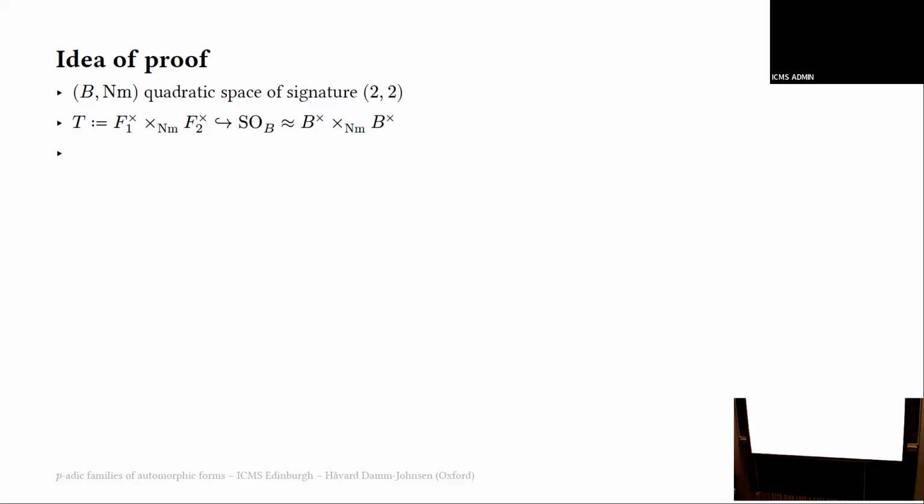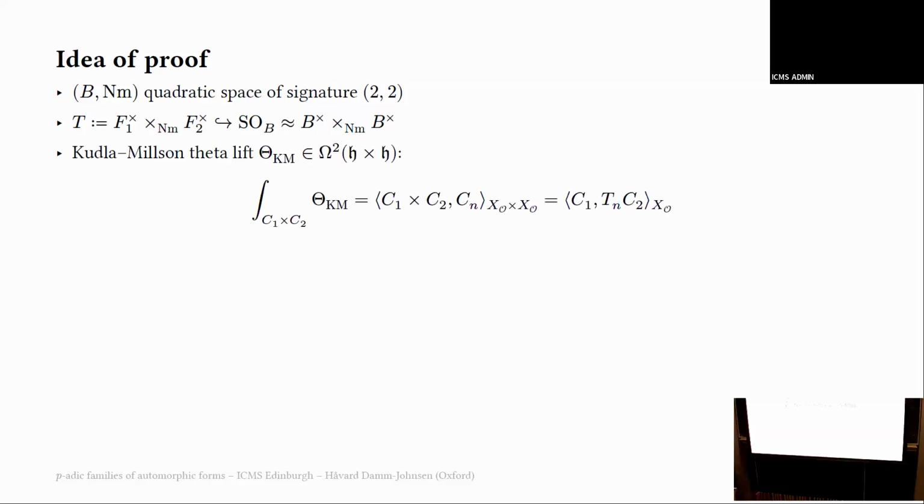If you stare at this for a bit, you realize that the symmetric space of SO(B) is more or less the upper half plane cross the upper half plane. Now Kudla-Milson constructed this theta lift, which gives you a differential 2-form on the product of upper half planes, and it has the property that when you integrate it against, in particular, C1 cross C2, it will give you a sum over n.